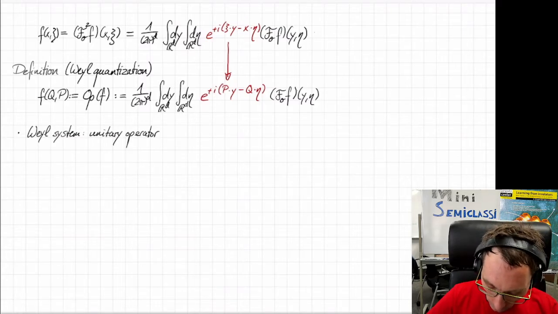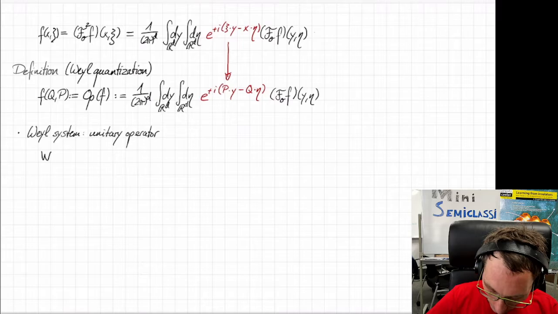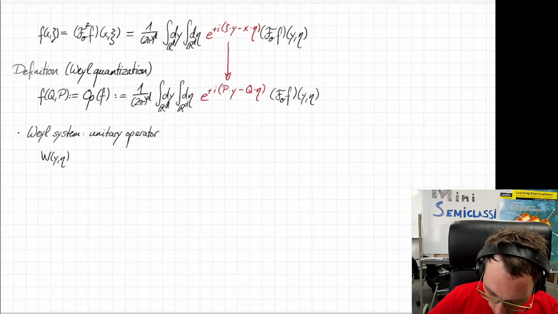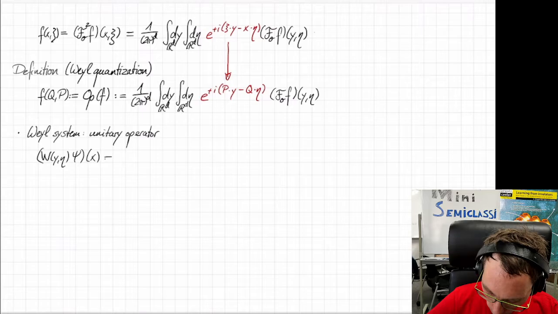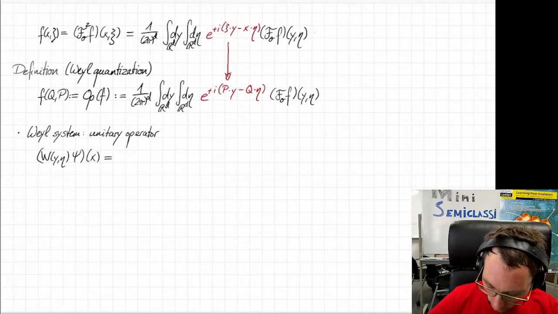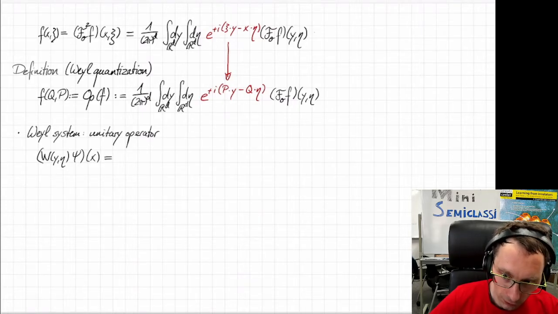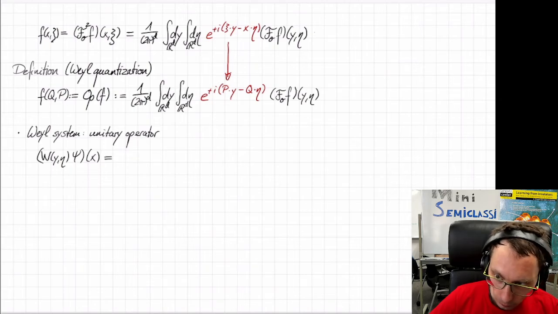And let me just write out the action of the Weyl system on an L2 function. So this is no longer a definition, this is just a consequence of a computation.